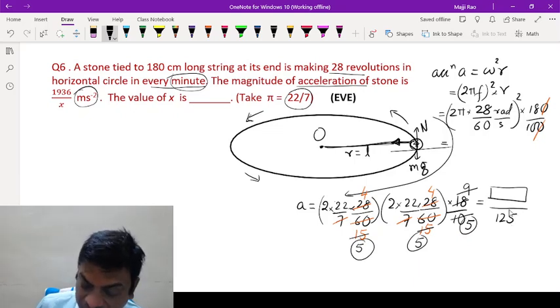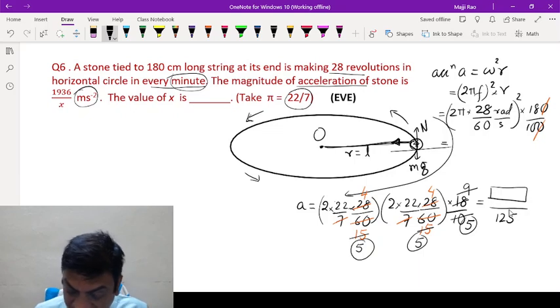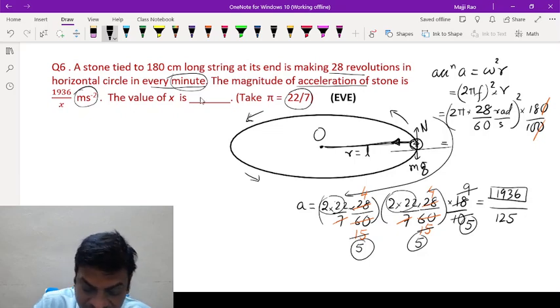But still you should confirm the numerator. It is nothing but 44 into 44. So 44 square is 1936. So the answer is 1936 by 125.